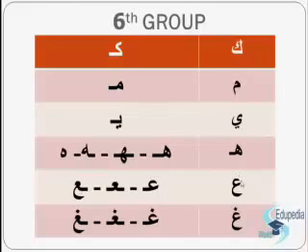If it is at the end but not joined, we use that shape. The same thing for gha. This is the shape of gha at the beginning, middle, end of the word if it is joined. If it is not joined, we use this shape of gha.